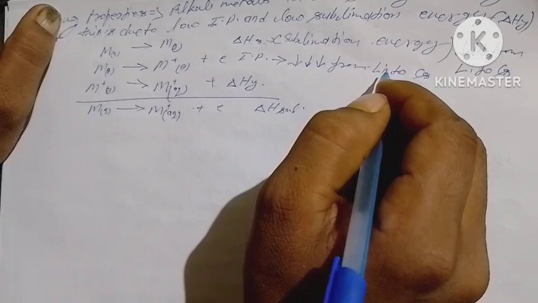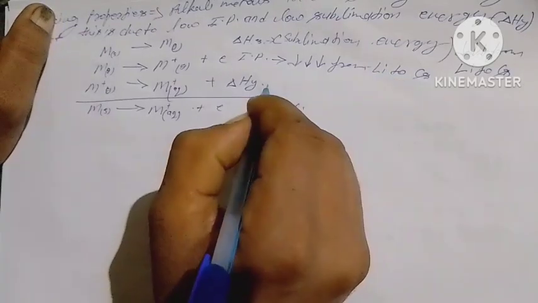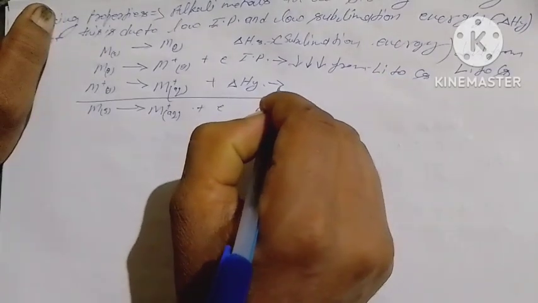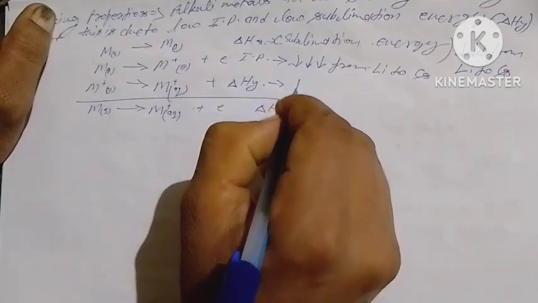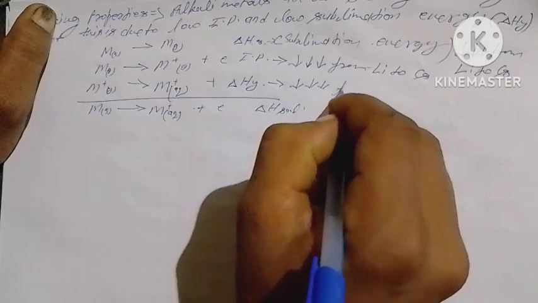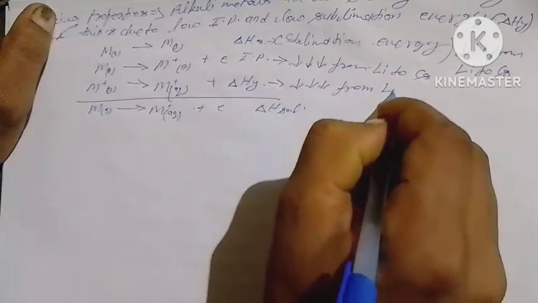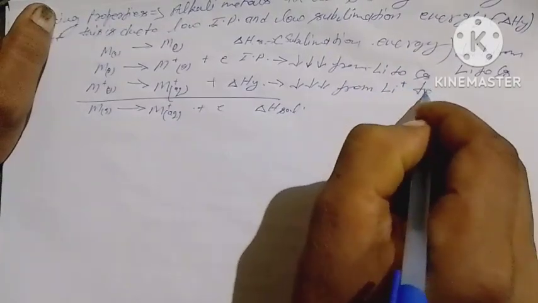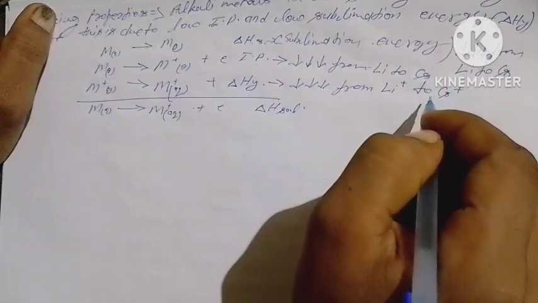And hydration energy, delta H hydration, decreases from lithium positive ion to cesium positive ion.